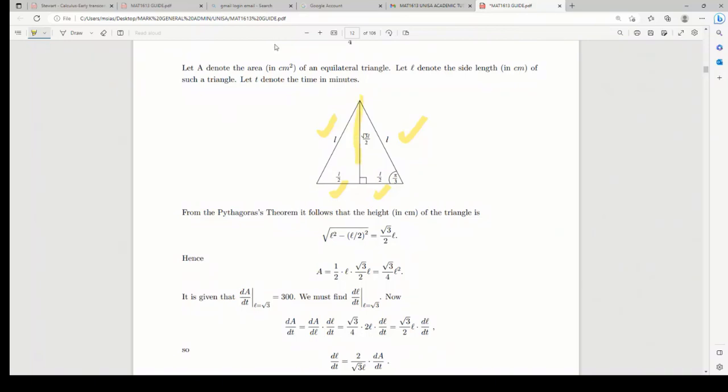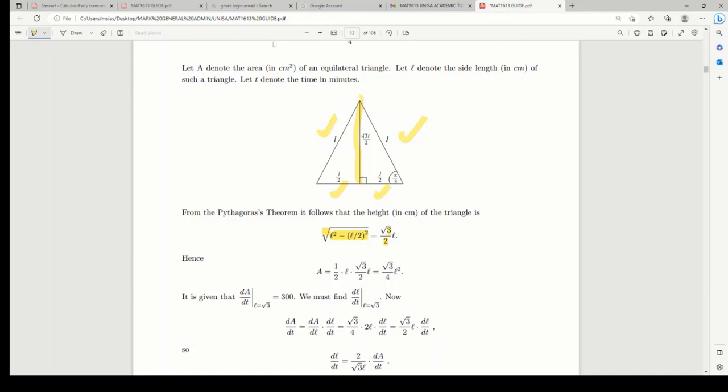The square root of L squared minus (L over 2) squared gives the height, square root of 3 over 2 L. I don't think you guys have any problems with that, okay?